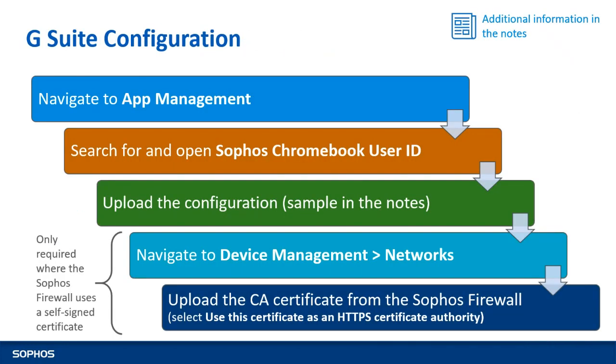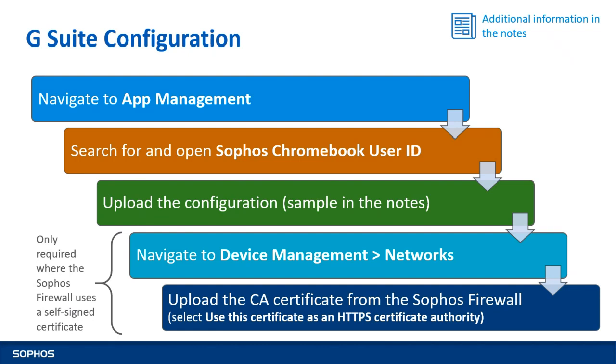Okay, so to configure the Chromebook app in the G Suite, you need to navigate to App Management and then search for and open the Sophos Chromebook User ID app. Here you will need to upload the configurations as a JSON file that includes server address, port, and log settings.